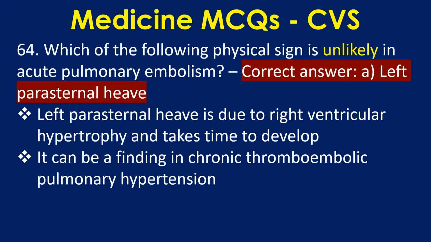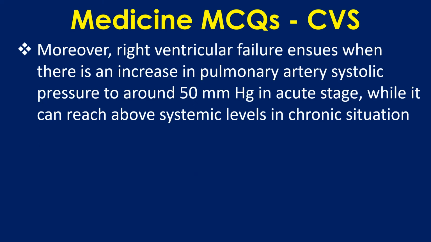It can be a finding in chronic thromboembolic pulmonary hypertension. Moreover, right ventricular failure ensues when there is an increase in pulmonary artery systolic pressure to around 50 millimeters of mercury in acute stage, while it can reach above systemic levels in chronic situation.